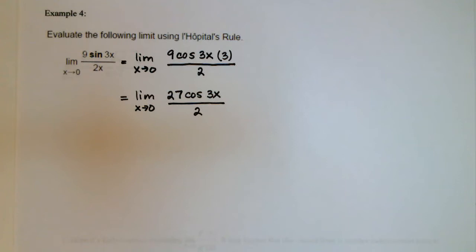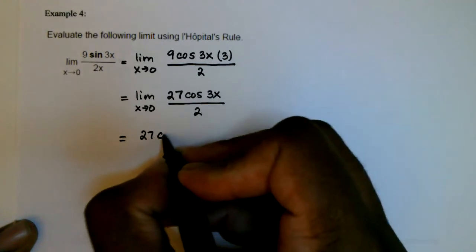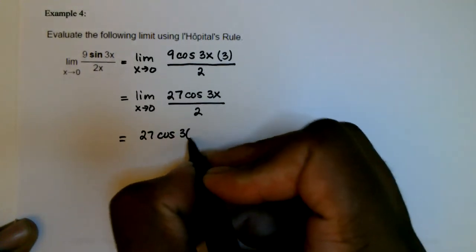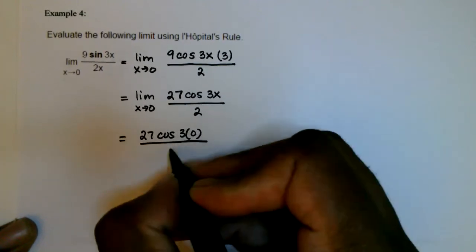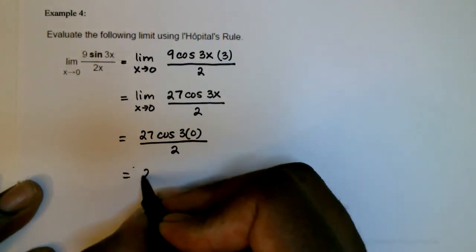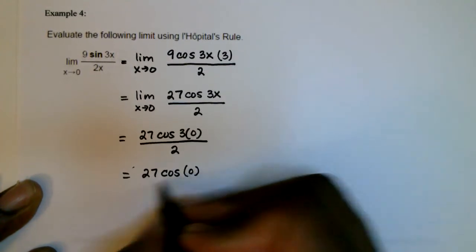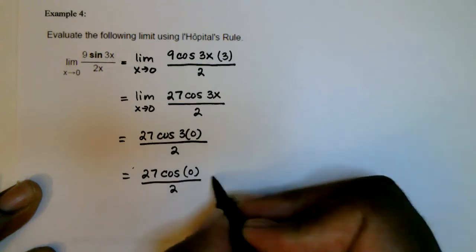So here I can apply direct substitution. That means I have 27 times the cosine of 3 times 0, all that divided by 2. And 3 times 0 is 0, so this will be 27 times the cosine of 0, all over 2.